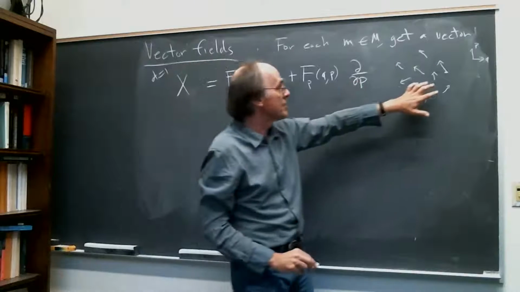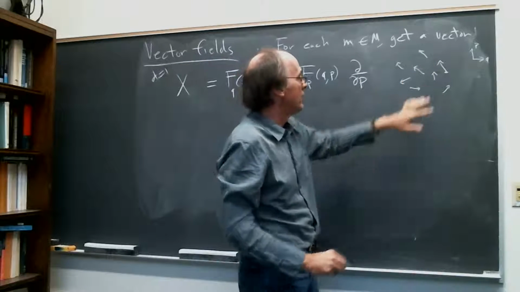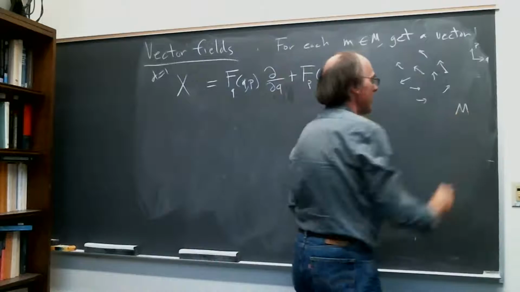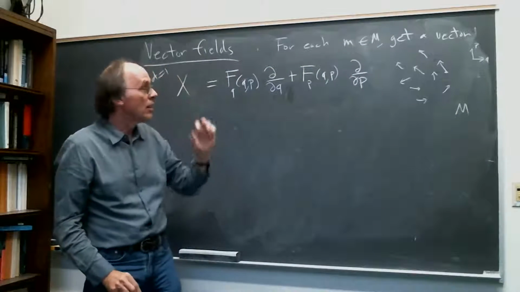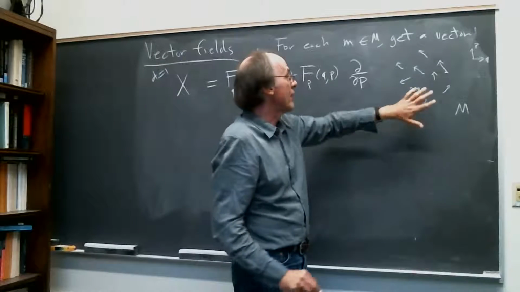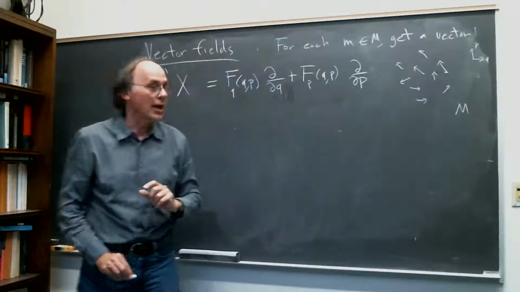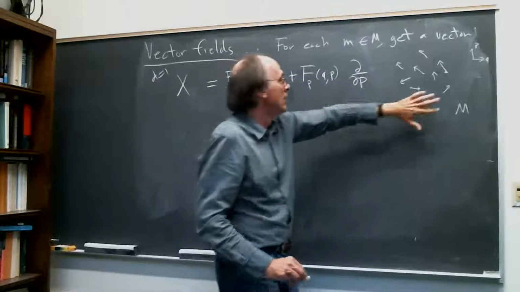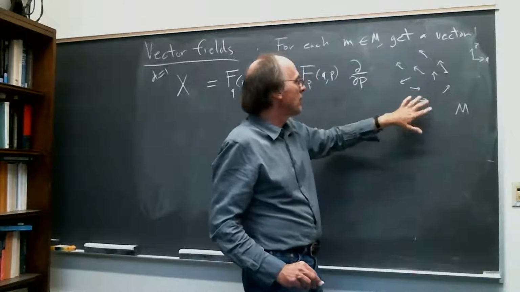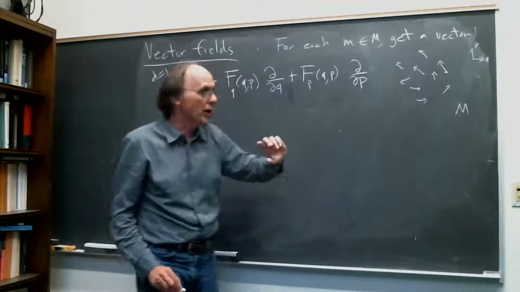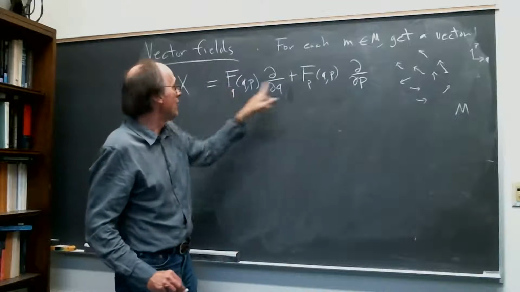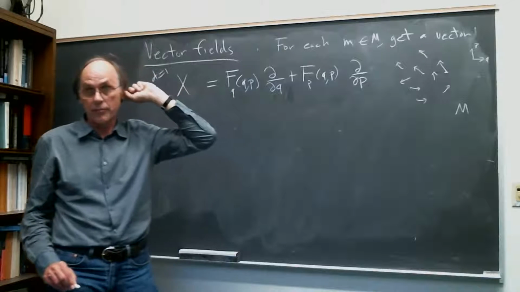It's just that for every point in, and this is going to be our space M, and this is the two-dimensional case, for every point, there's a vector at every point with components given by these two functions.